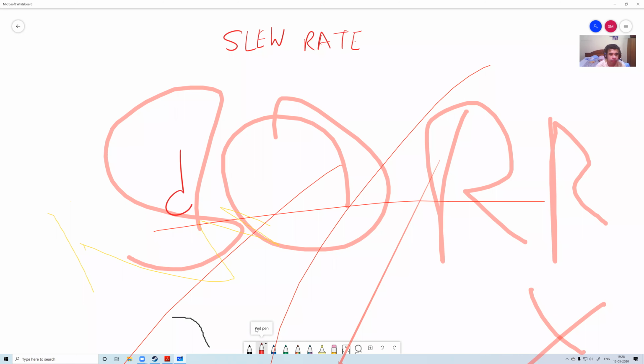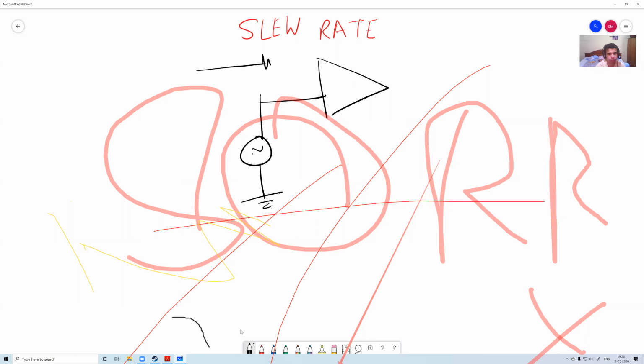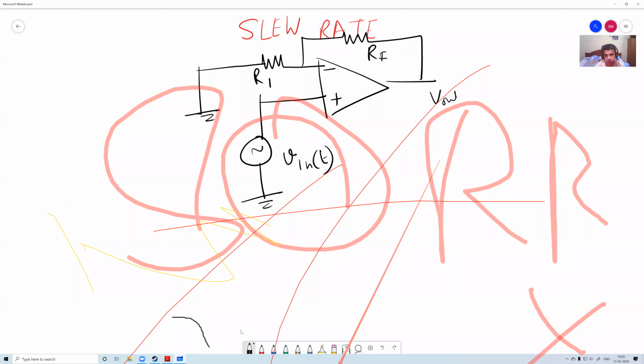Suppose we are using a non-inverting amplifier, and the input, this is V in, is changing with time. So what will be the output? The output also changes with time using the formula which we had derived last class.